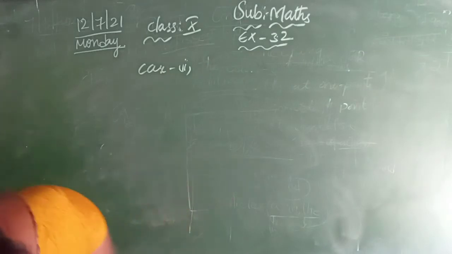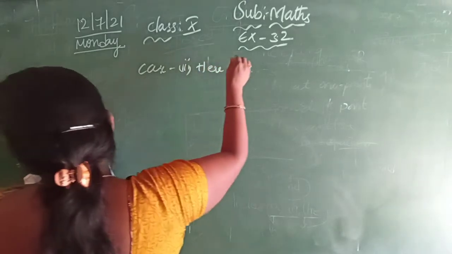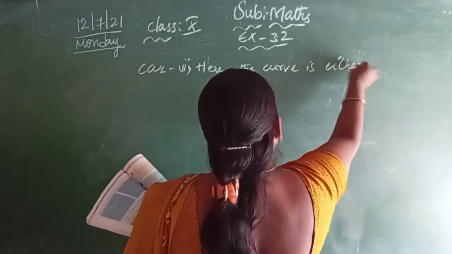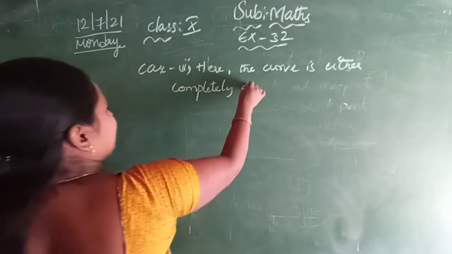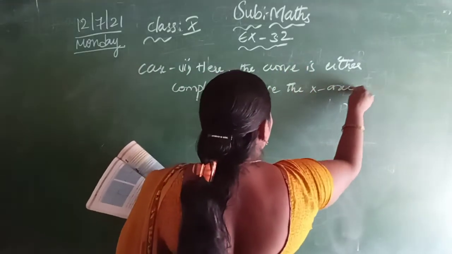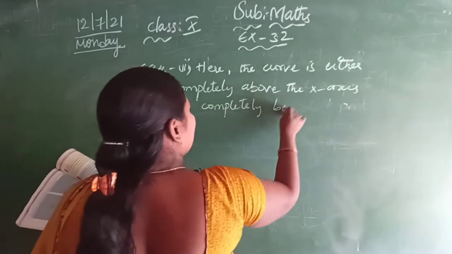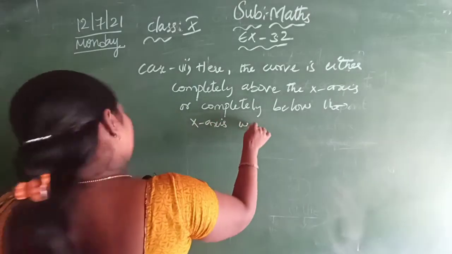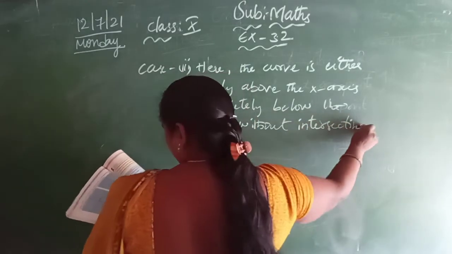The third case is where the curve is either completely above the x-axis or completely below the x-axis, without cutting or intersecting the x-axis.